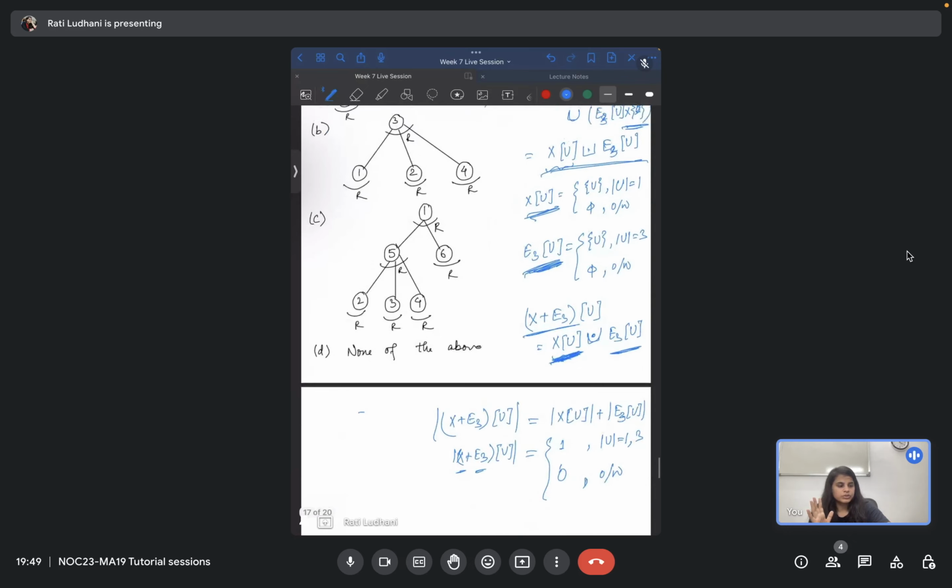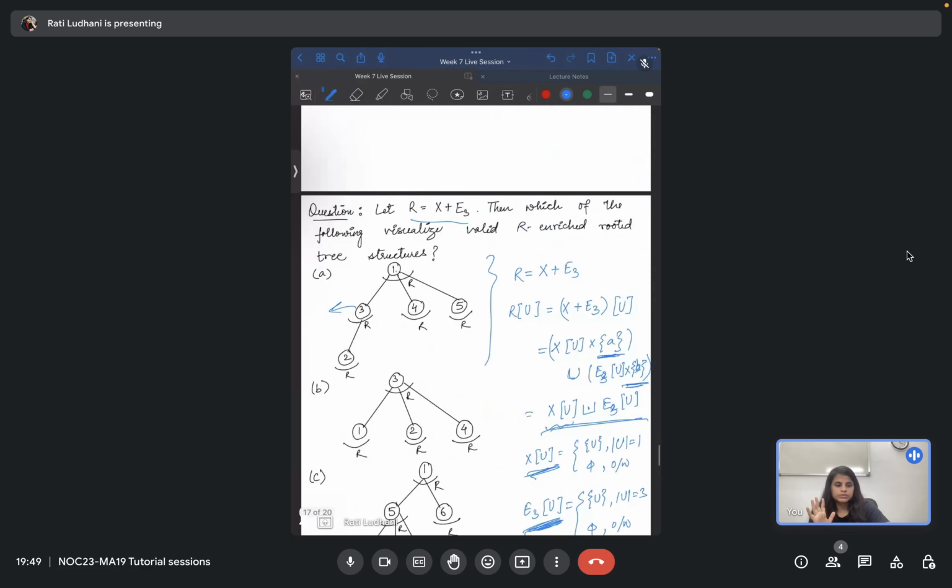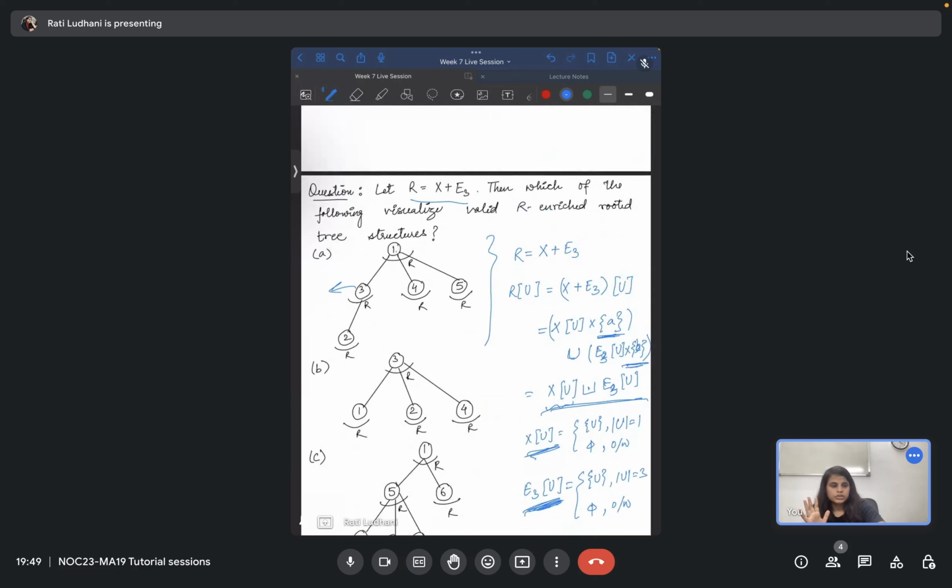The question says there should be an R structure on the set of children, so you have to maintain that. Is that clear? For 3 it is okay. Now check for all the other things.